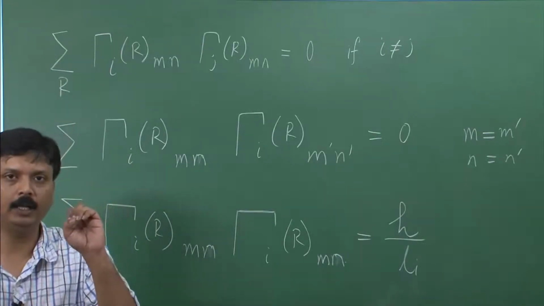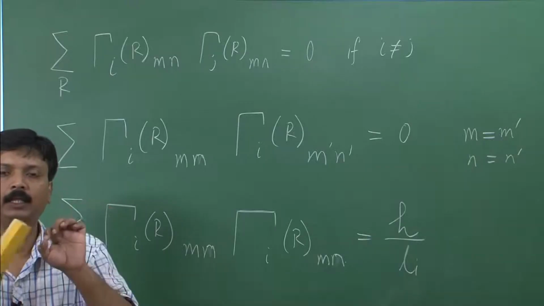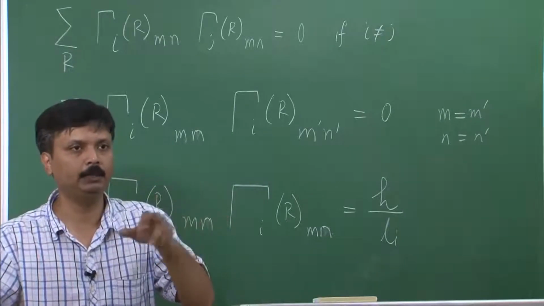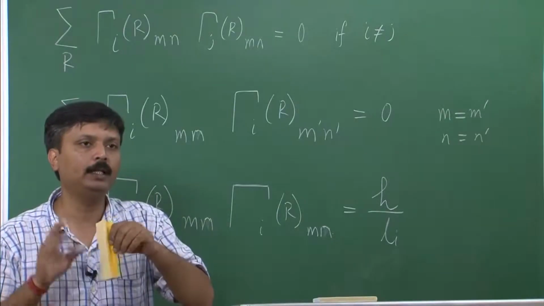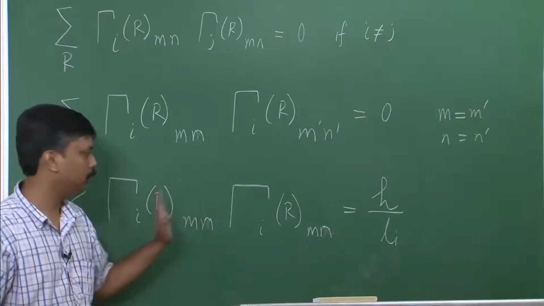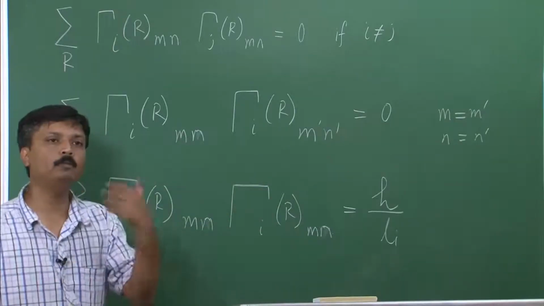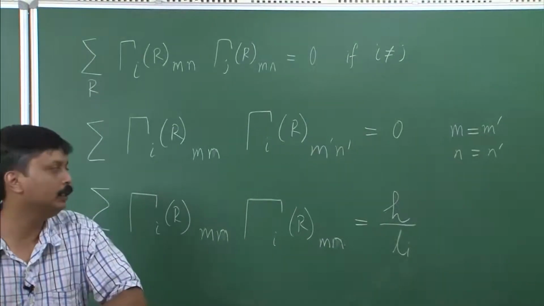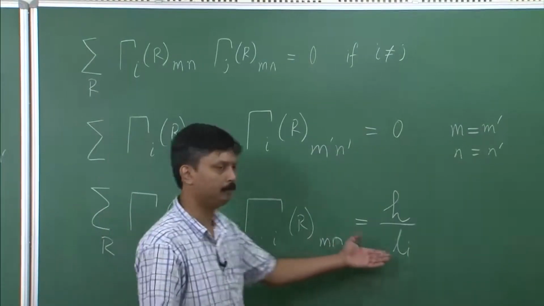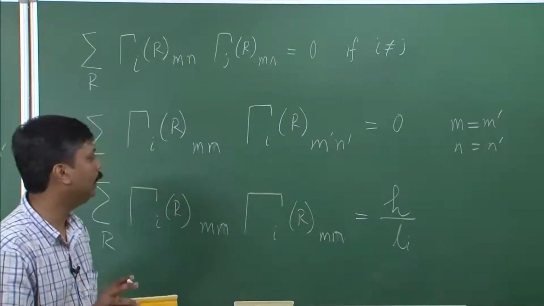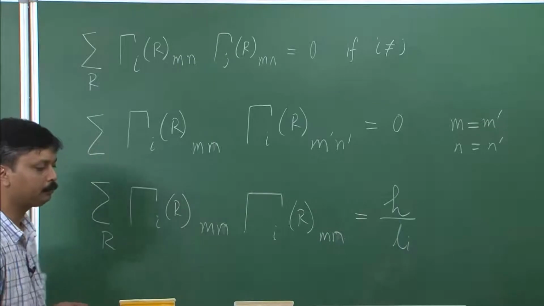If I think that taking all these elements, one each from each matrix from the set of matrices which gives me the representation of the group, then they behave like a vector. So essentially this is the square of the length of the vector and that is equal to h by li, where li is the dimension of the present representation and h is the order of the group.